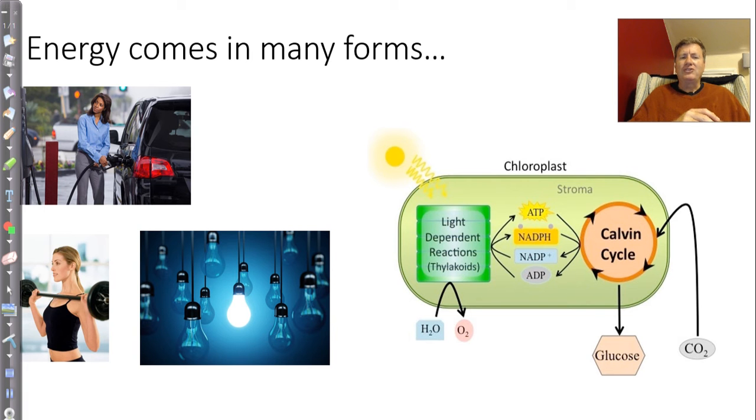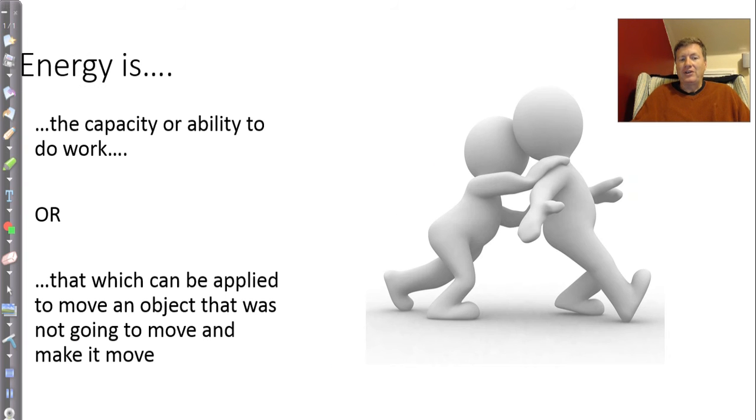Think about energy, well, why we need it. It drives things, it makes things happen. So energy is going to be important because it really is a catalyst. It makes things happen that would not ordinarily happen, which takes us to our definition of energy. The traditional definition you see in a lot of places is energy is the capacity or ability to do work. And that is an okay definition.